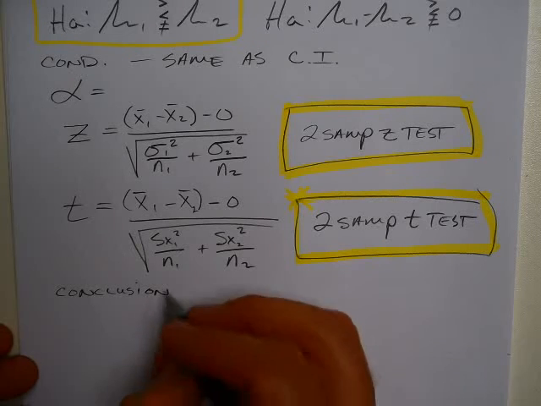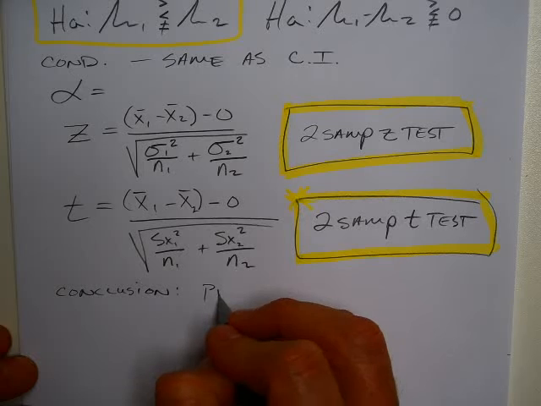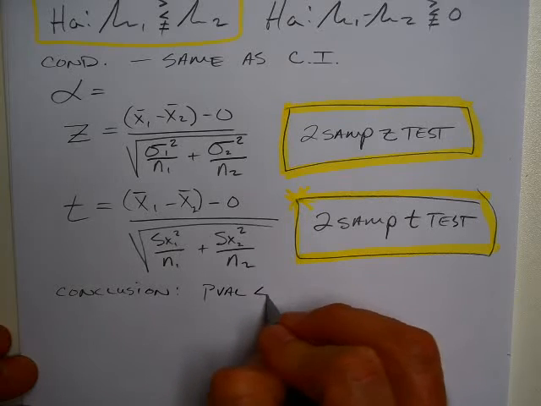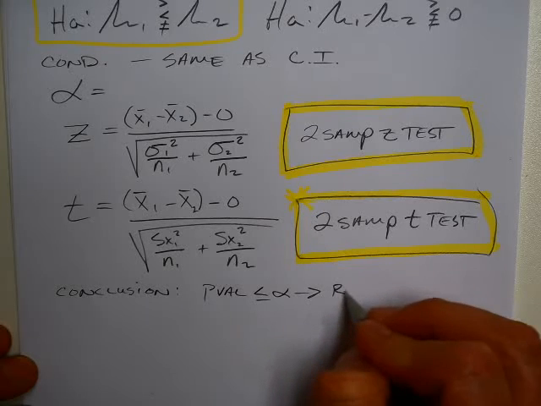The conditions and the conclusions are always the longest parts to write. If the p-value is less than or equal to alpha, then we reject.